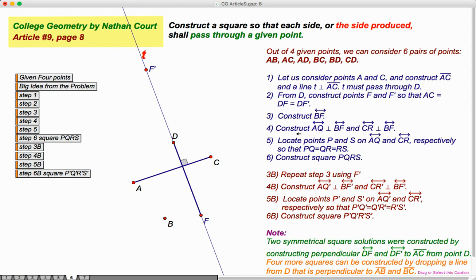Everything is so procedural now. I want to construct a line BF. That is step 3. There you go. And then construct AF perpendicular to BF and CF perpendicular to BF also. So from this line, construct 2 lines perpendicular to it coming from A and coming from C. That is step number 4.